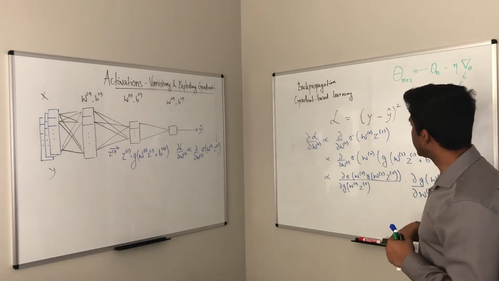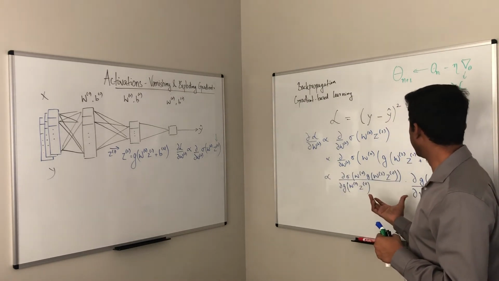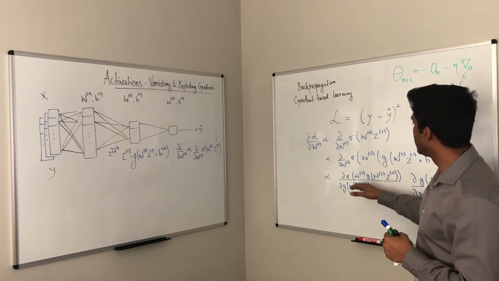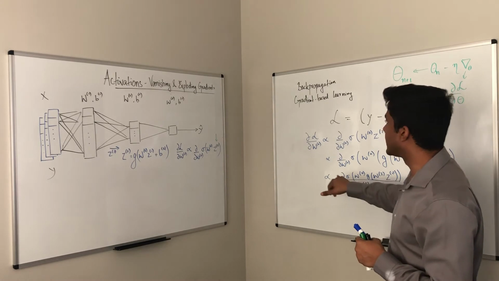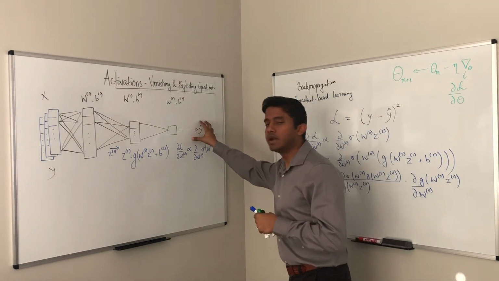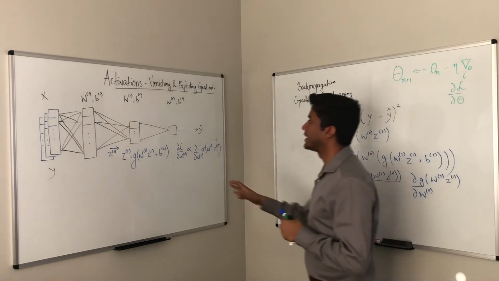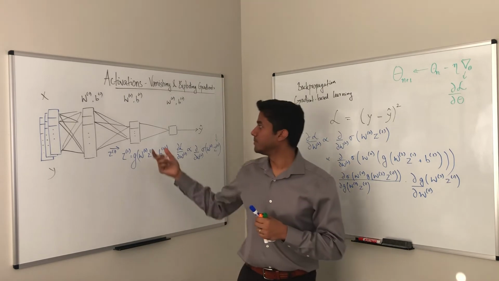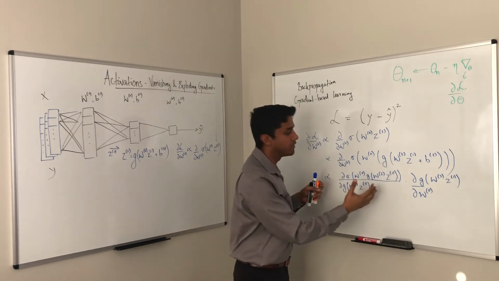This B2 part gets out, and this ultimately becomes proportional to the product of these two gradient terms. First is the gradient of my activation on the output layer, and the second term is the gradient of the activation on this hidden layer. So for this hidden layer, we had to add another gradient term.